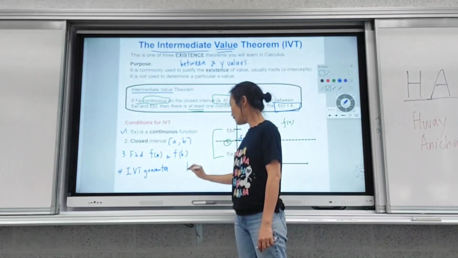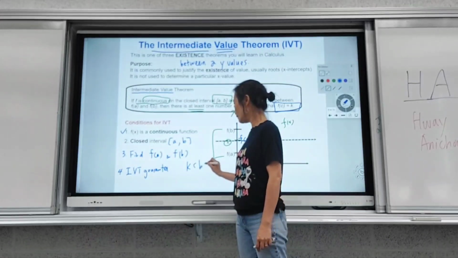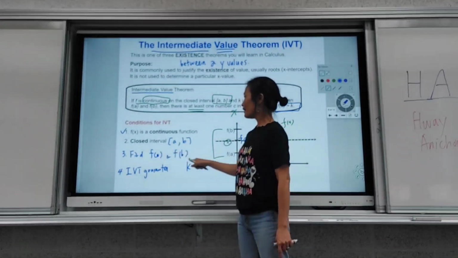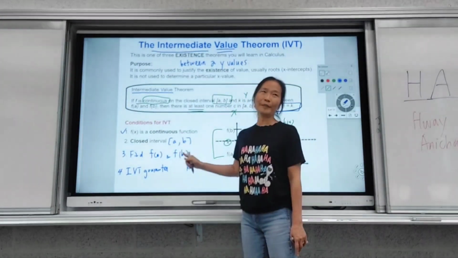Guarantee that any value k between f of A and f of B, it's not necessarily that f of B is always bigger.